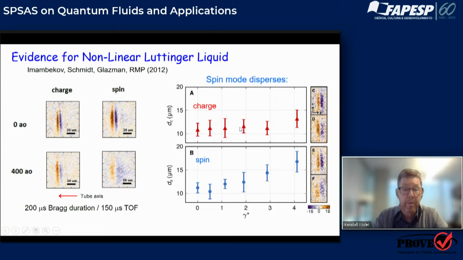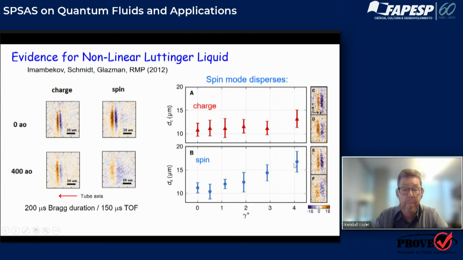So this is the spin mode, the charge mode, the width of these peaks in position space. So the charge mode essentially is still linearly dispersing. There's a small amount of nonlinearity, but for the spin mode, it's really quite pronounced.